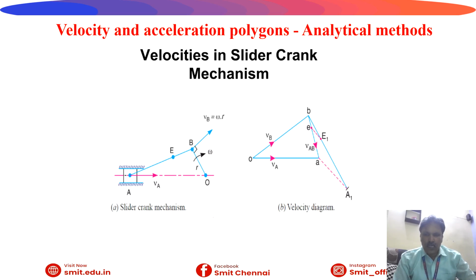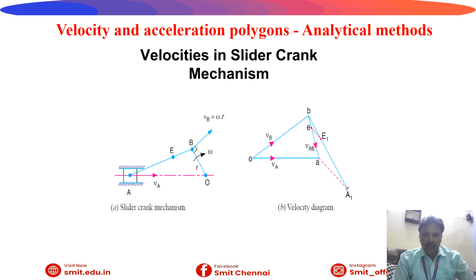As we discussed in the earlier part 2 slides, the various inversions, first inversion, second inversion, third. In the various inversions we found some mechanisms, such as the 4-bar mechanism, where one link will be fixed and another one will be in motion. Various parts we have seen.